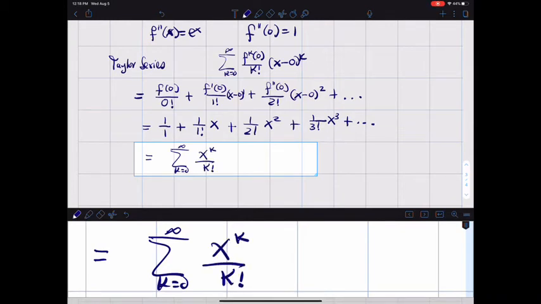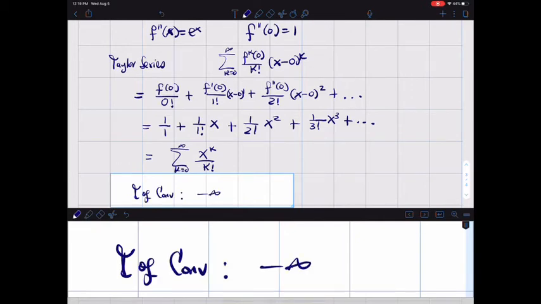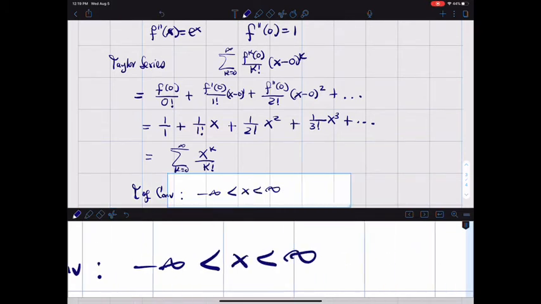We've encountered this power series before, and we know that when we did it, the interval of convergence is actually negative infinity to infinity.